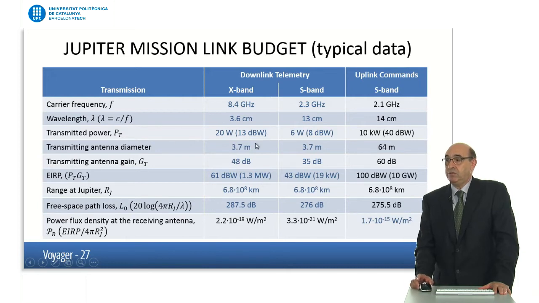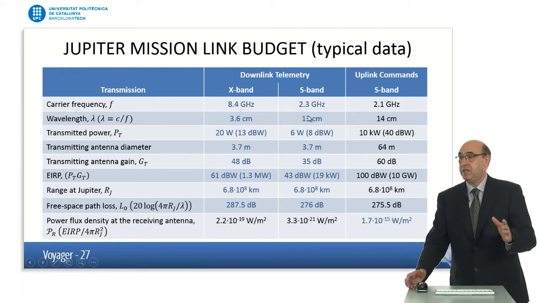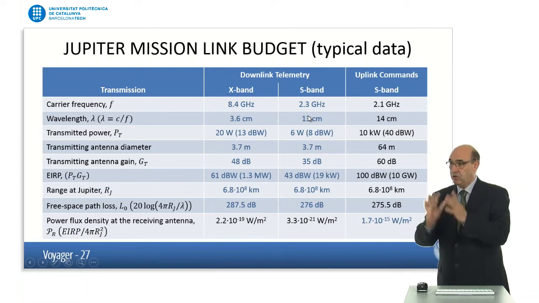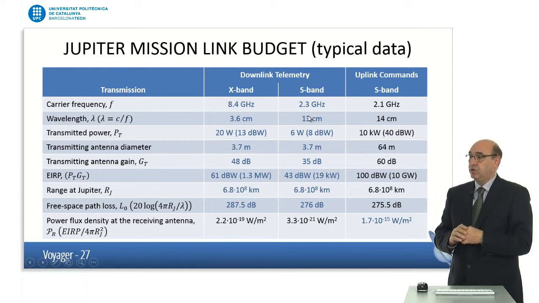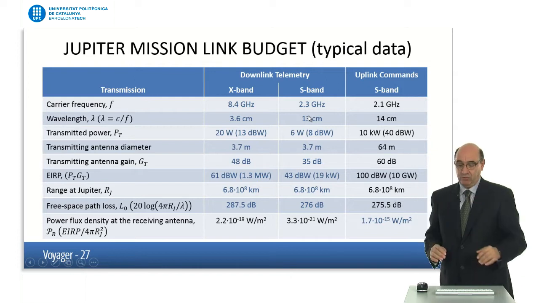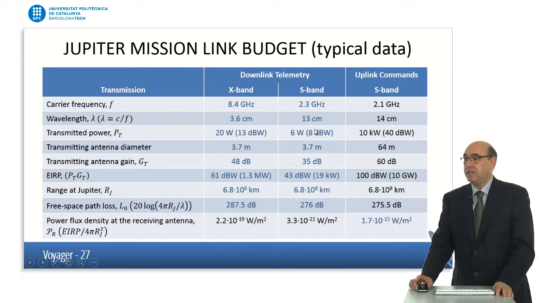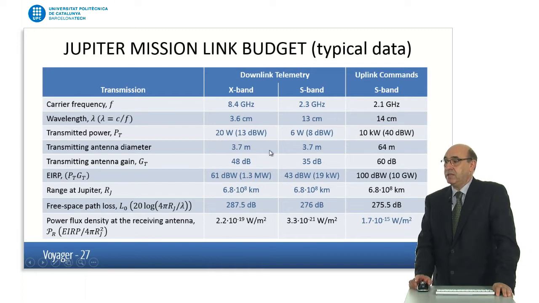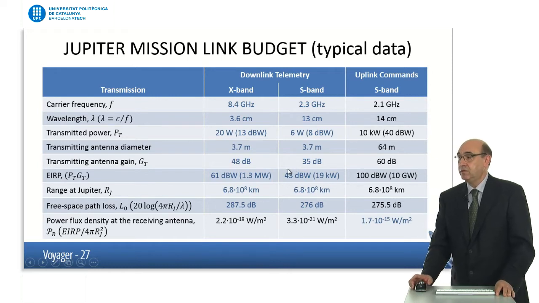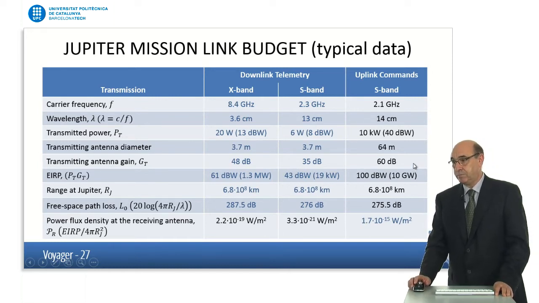The wavelength is simple to find, it's just the speed of light divided by frequency. In one case it's 3 centimeters, in the other is 13, 14 centimeters. So we are talking about short wavelengths, but not really too small. And this is related to the size of the antenna. The diameter of the antenna on the spacecraft is 3.7 meters, on Earth 64. The gain, 48 or 35 on board, 60 dBs on Earth.